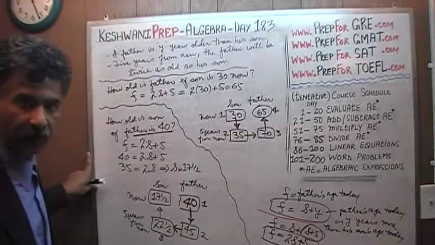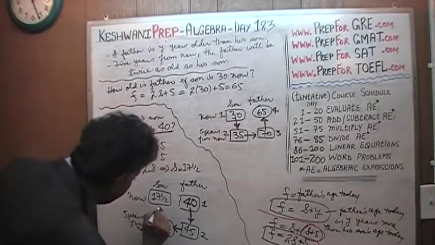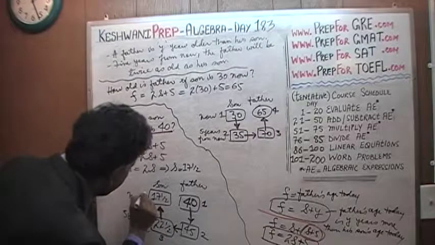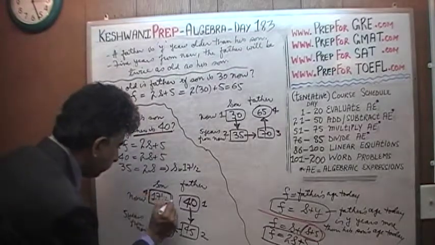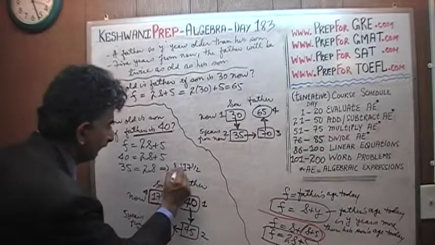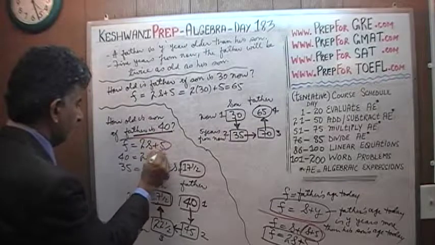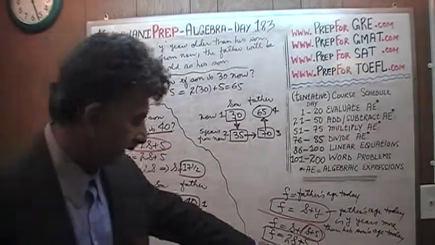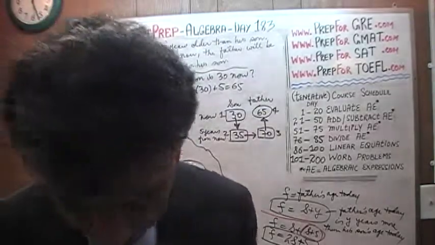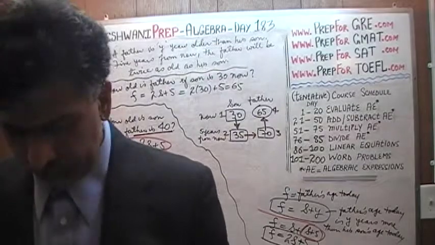Well, if the son is 22.5 5 years from now, then today he must be 5 less than that, 17 and a half. Box number 4. Voila. 17 and a half is what we found. That is exactly what our equation tells us. You see right here this equation? F equals 2s plus 5. We found it right there. That's all. That's all there was.